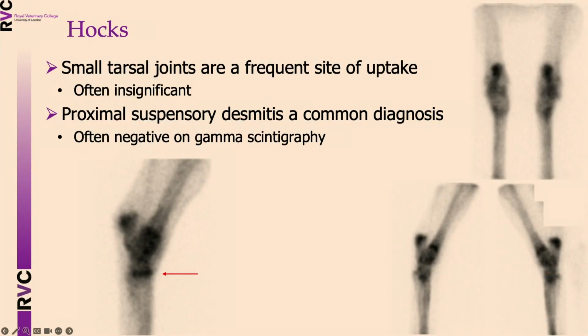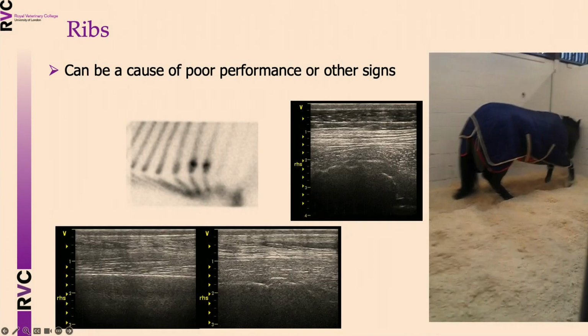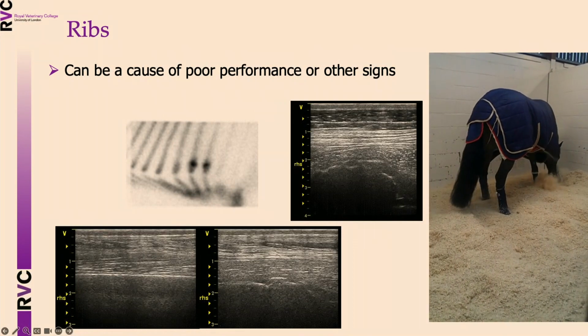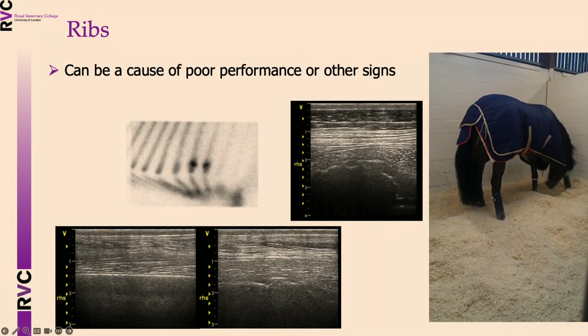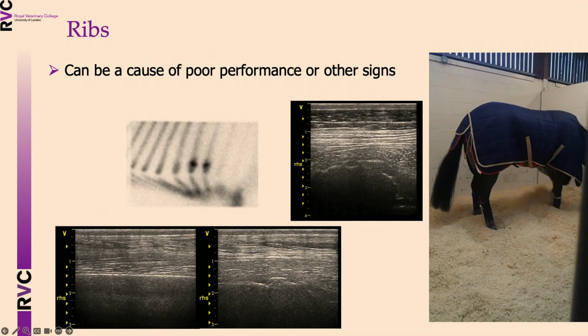And of course, proximal suspensory desmitis is far more common, but often negative on scintigraphy.